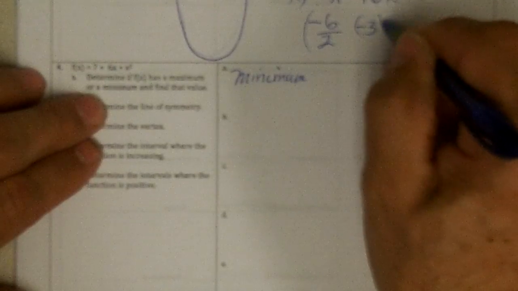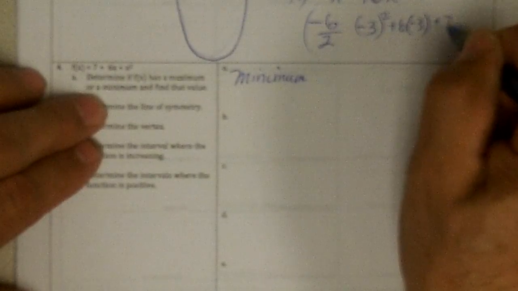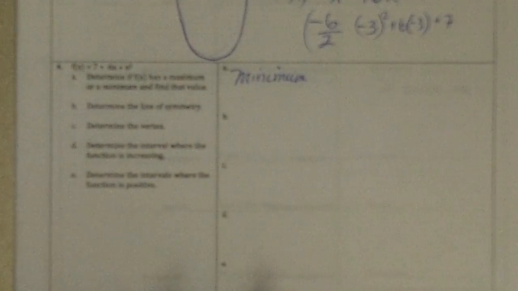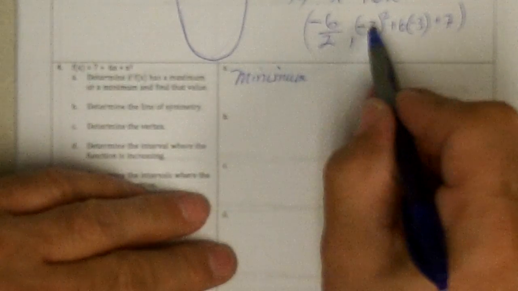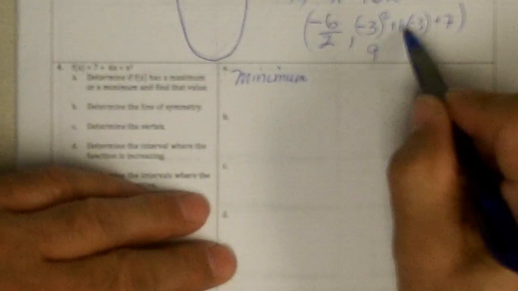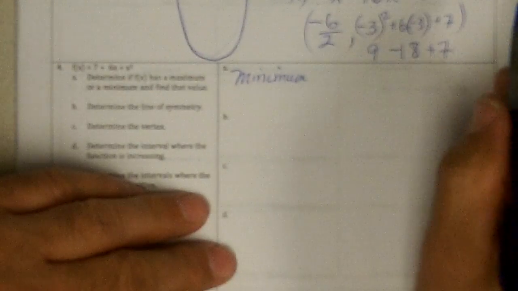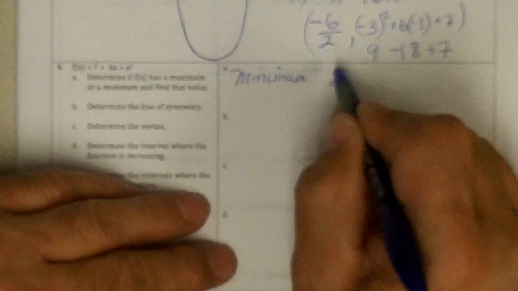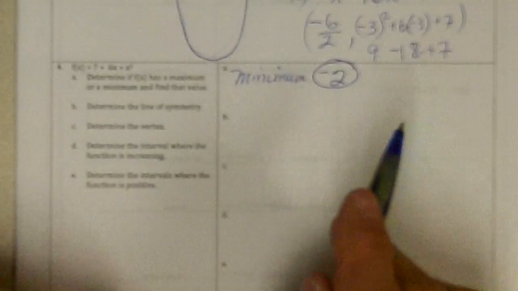If I plug that into the equation, that's negative 3, I'll have negative 3 squared plus 6 times negative 3 plus 7. So the minimum is 9 minus 18 plus 7. So that's minus 9 plus 7, which is minus 2. That's the minimum value. That's how high it is at the vertex.